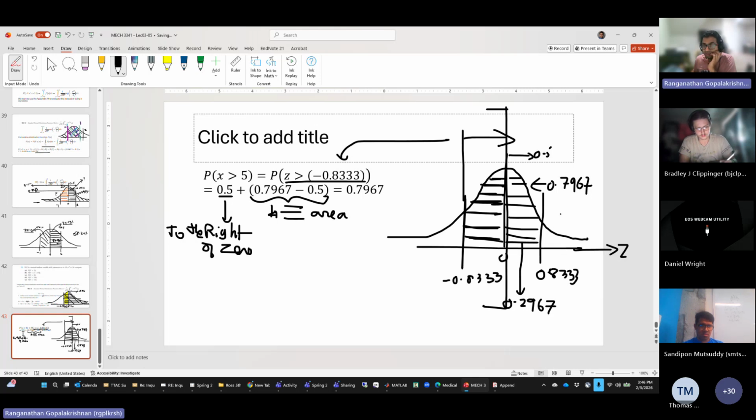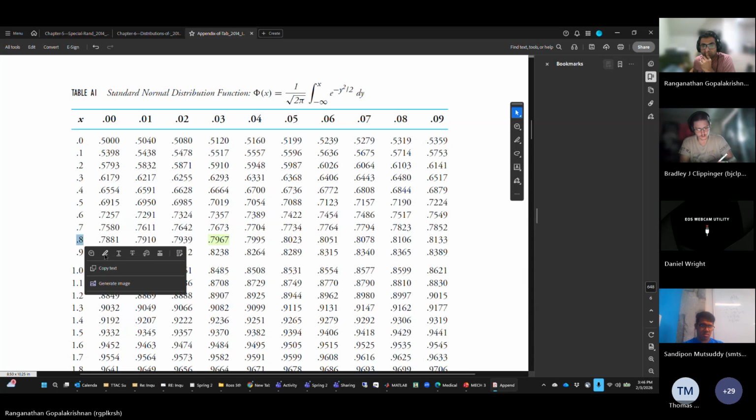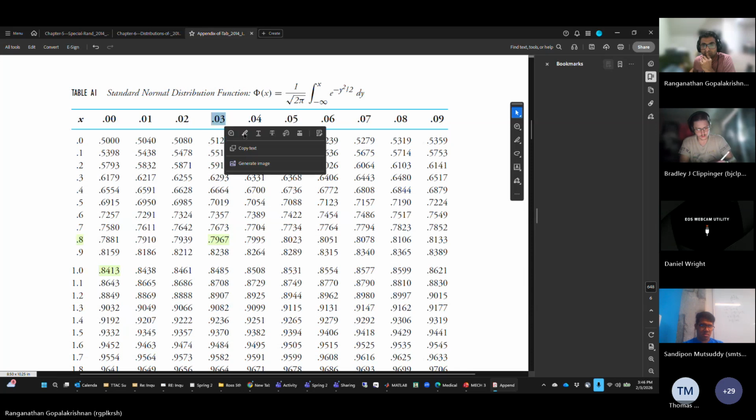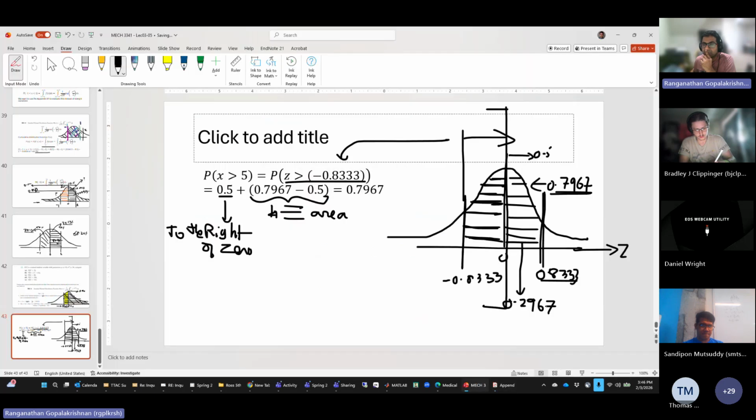That number would be whatever the value of the table is. See, our table is only defined for positive values. That's why we have to do all these trickeries. So to the left of this 0.83 is 0.7967. That came from the table.